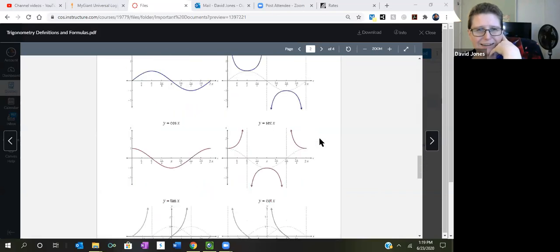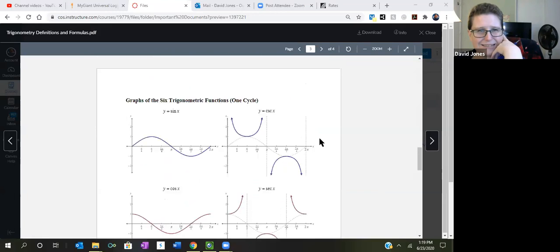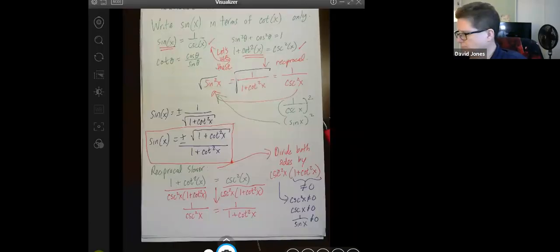We come down and look at the graphs. Cosecant x is right here. It never touches the x-axis, which means it never equals 0. Bam. So we can divide both sides by it, and it doesn't change anything. All right. Let's bring our document camera back up. That's the principle behind doing what we did.